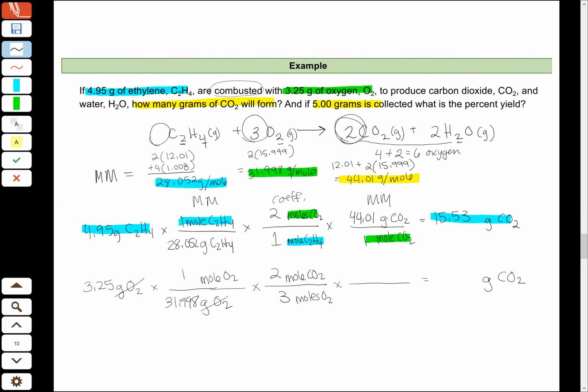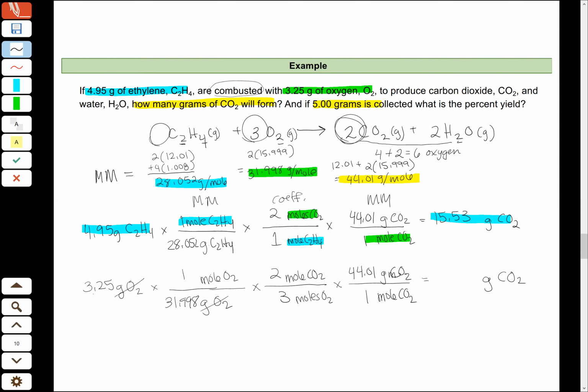Now I have my conversion factor that comes from my coefficients. And then lastly, I'm going to multiply by the molar mass of CO2, so that way I cancel my moles of CO2 and end up with units of grams. So in 1 mole of CO2, I have 44.01 grams. Now I have this all set up and ready to plug into my calculator.